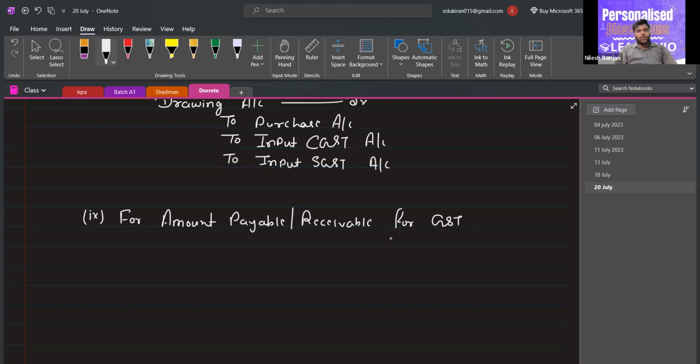Output GST will be debited here: output CGST account debit.